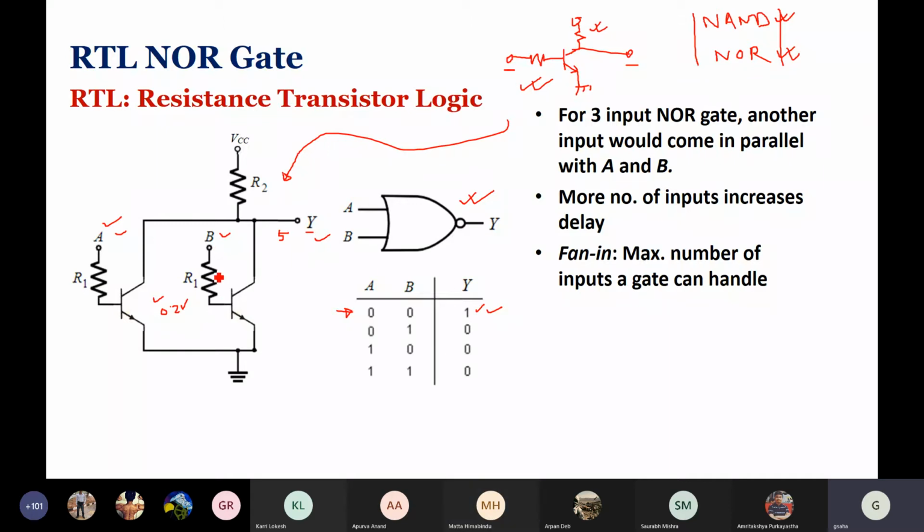And this being parallel, if this one is cut off and this one is on, the common node voltage will take the 0.2 volt, because the cut-off transistor is not participating. So that is low, and because of the symmetry, this is also low. When both of them are high, even then it will be 0.2 or 0.1, because of their parallel connection.